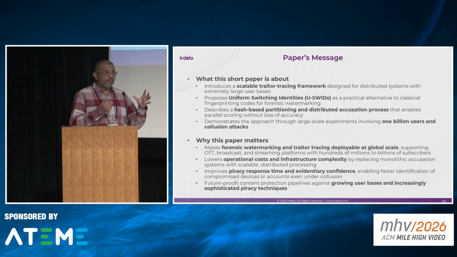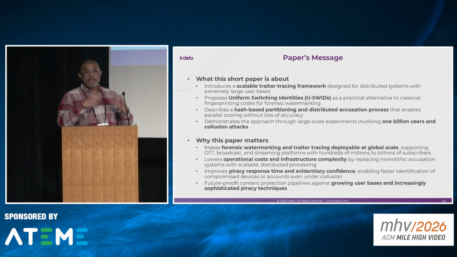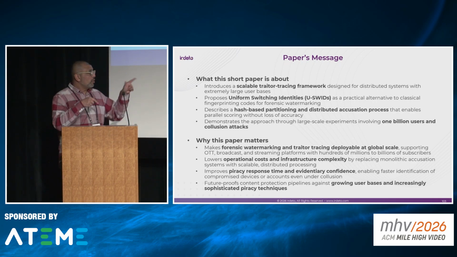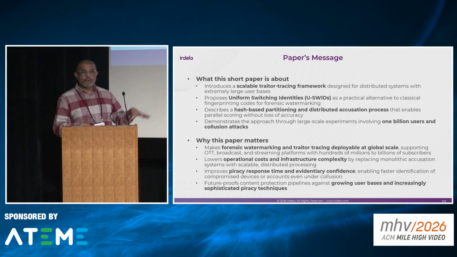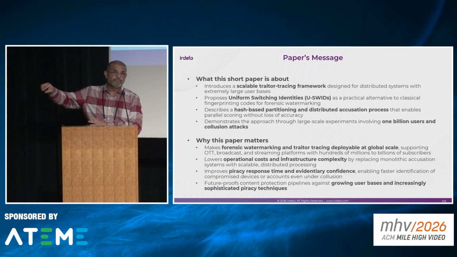So if I'm one of the users, I will get an A, B, A, B, A, B mixture. Someone else might get B, A, B, A, and so on. Then once the content is leaked, you can run it through the watermarking detector, retrieve the pattern, and then say which user this pattern corresponds to.